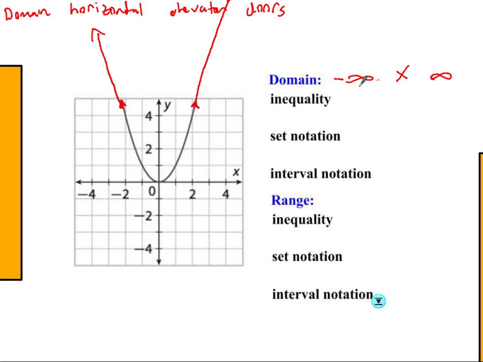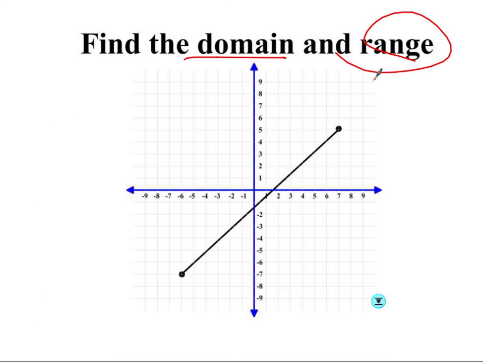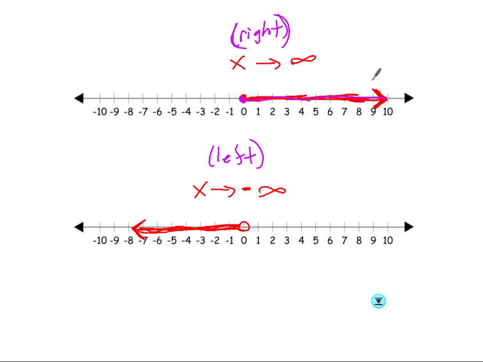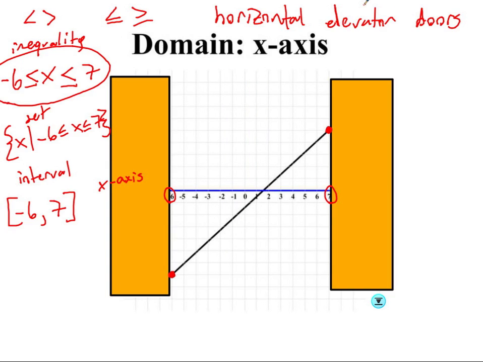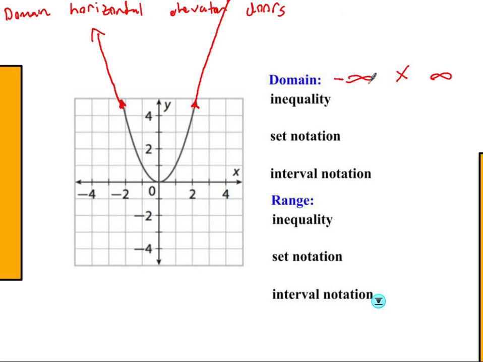Now, remember the rules about infinity. Here's my rule. Infinity, always use less than or greater than in parentheses. So that means that because I have infinity on both sides, I have to use less than. So we're actually finally done with the inequality form. So this is the inequality form right here.